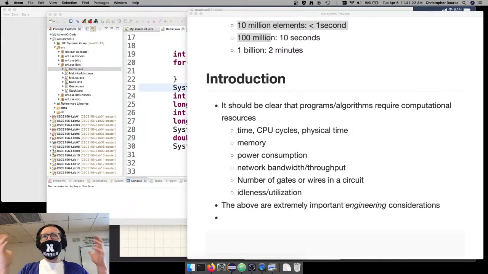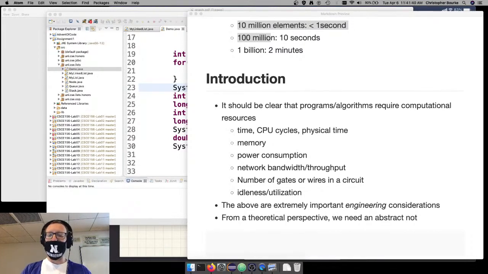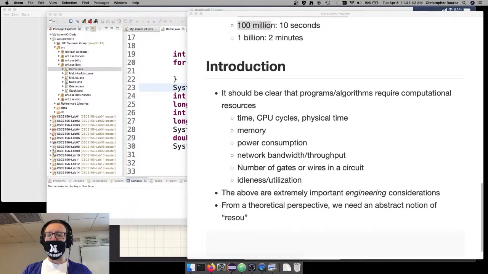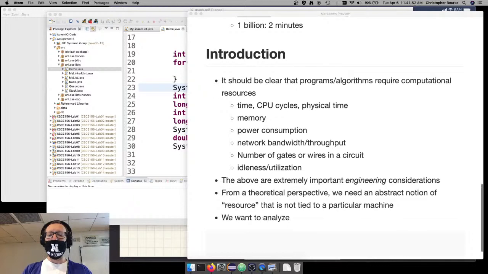Well, power consumption, yeah, okay. Memory, yeah, okay. But I want a universal, abstract framework for analyzing these things, right? So from a theoretical perspective, we need an abstract notion of resource that is not tied to a particular machine, right? Why? We want to analyze algorithms from an abstract perspective.